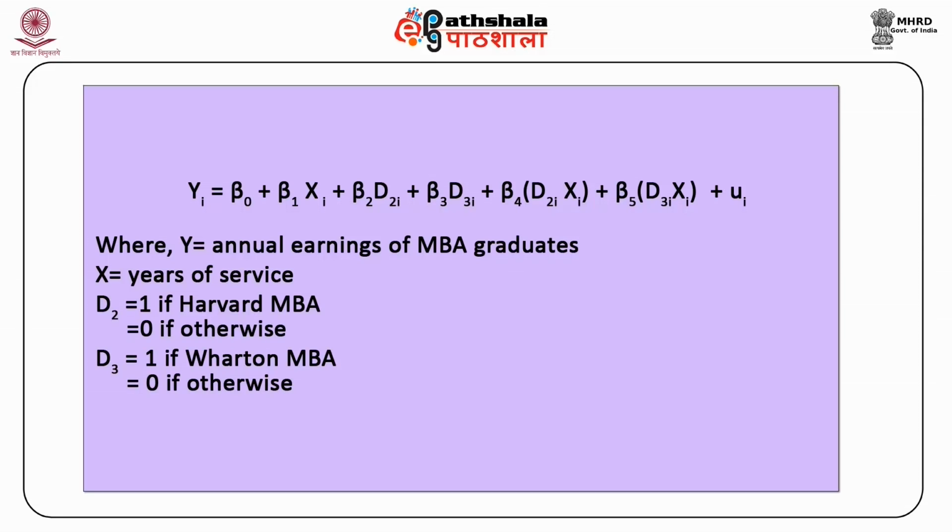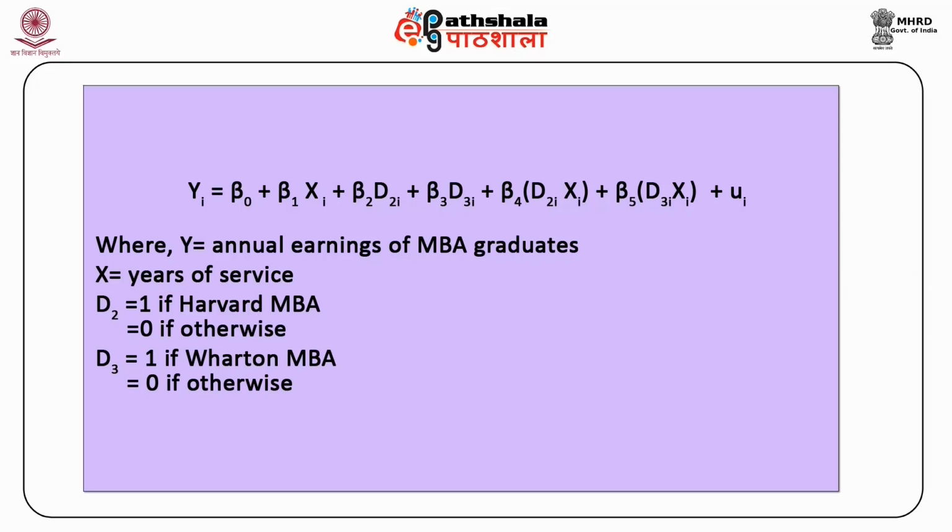In this example, we expect each regression coefficient to be positive. In other words, annual earnings of MBA graduates is positively related to number of years of service as well as MBA done from whether Harvard University or Wharton University.